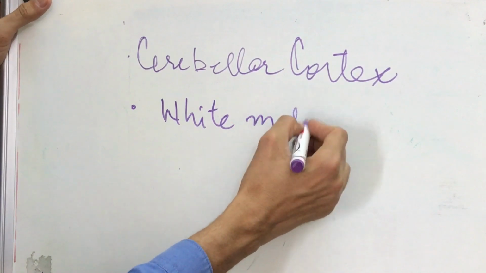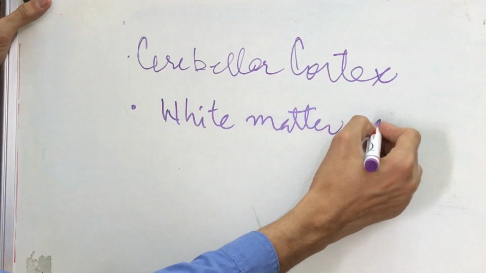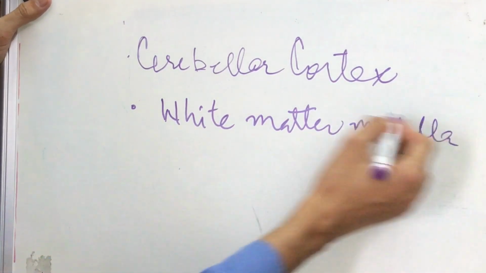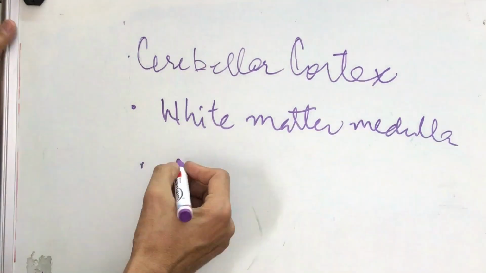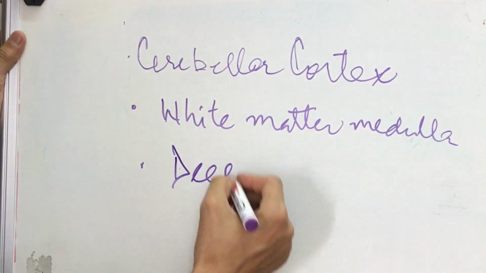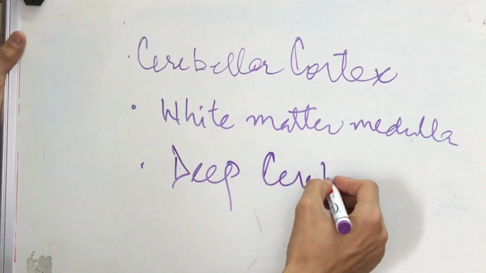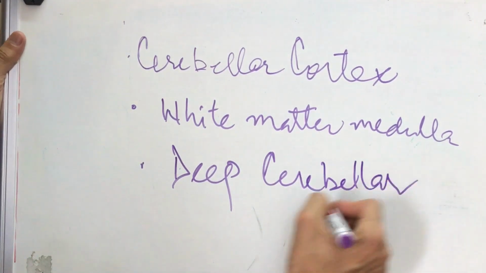And within the white matter, there are a few scattered nuclei of gray matter, because nuclei are made up of gray matter. Those gray matter nuclei embedded within the white matter form the deep cerebellar nuclei.